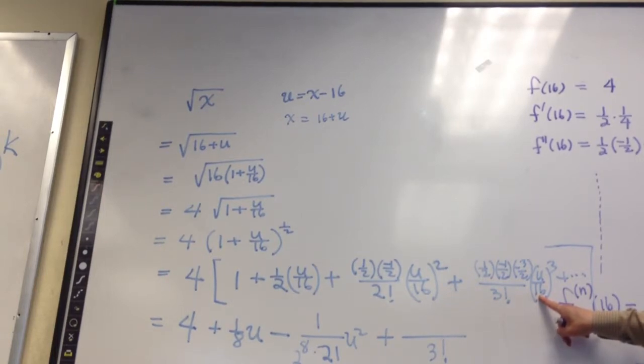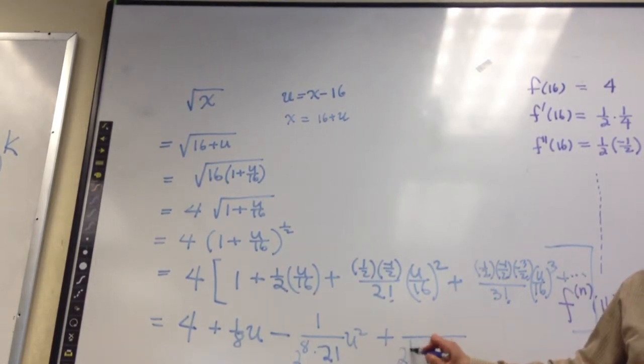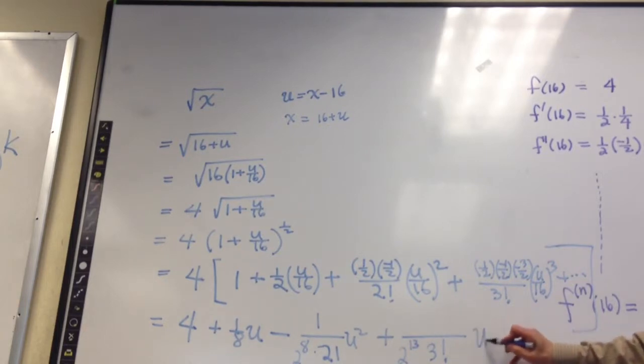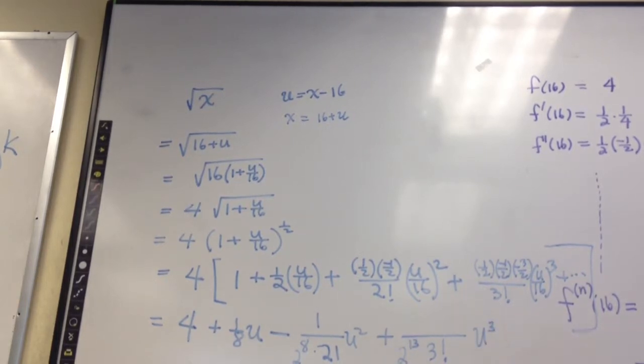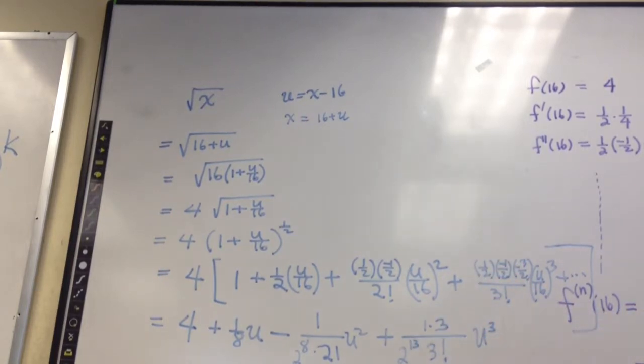So one extra 2 to the 4th power, that means extra 2 to the 5th power. So this is 2 to the 13th power. Then of course there's an extra u. And then this time you'll have 1 times 3. And the pattern begins to emerge.